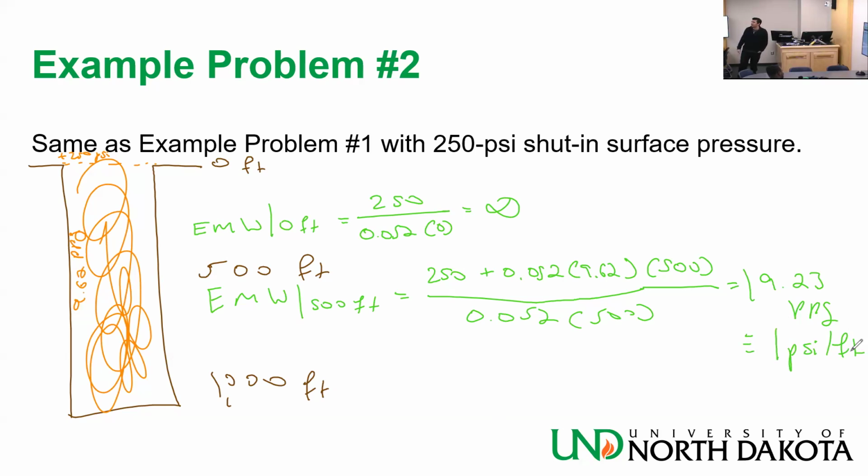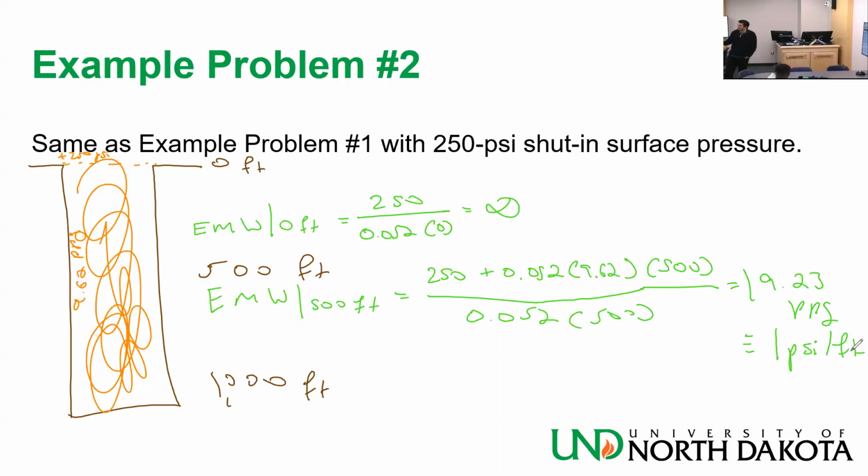Many times they ask, what is the highest mud weight you can use? If you assume a normal faulting stress state, the highest would be SV, the vertical overburden stress, and you use 1 psi per foot as an approximation of that.